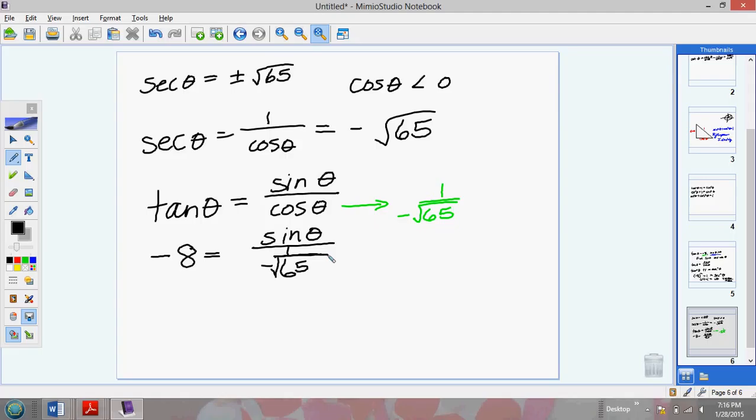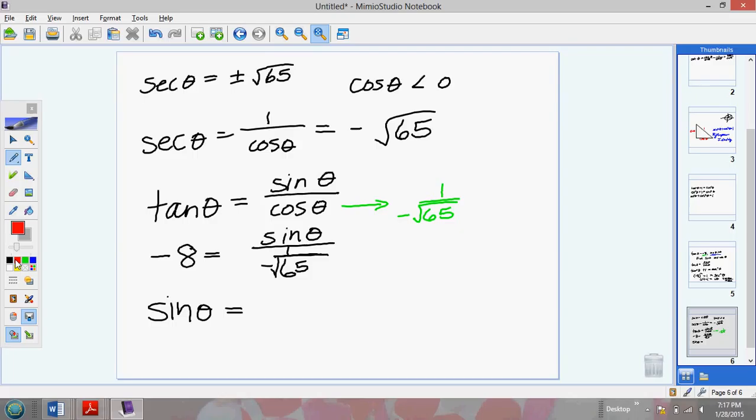So sine of theta becomes the two values multiplied by each other. But look up here, because I thought I made a mistake when I wrote that cosine is 1 over negative the square root of 65.